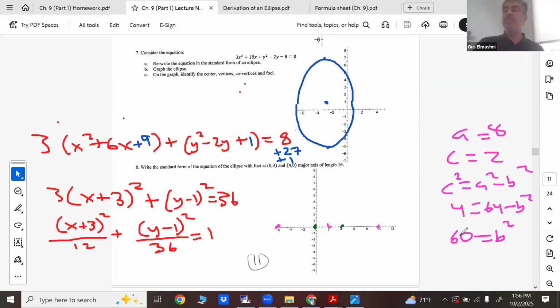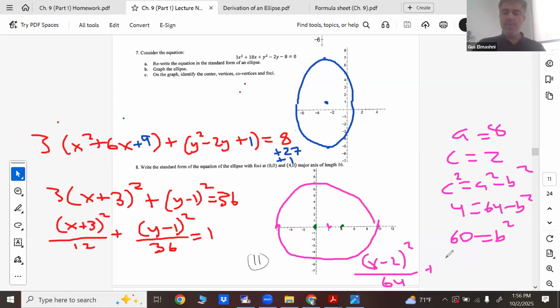The major axis is 16, half of 16 is 8. The center is always between the two. So the ellipse looks kind of funny, it's almost circular. That's so ugly. It's okay. So then your equation is going to be (x minus 2) squared over 64 plus y squared over 60 equals 1.